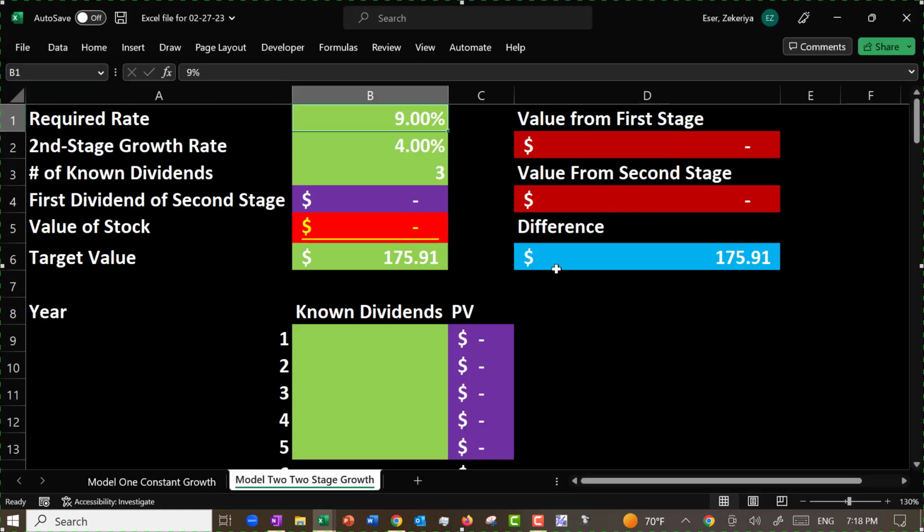But that doesn't matter because I'm gonna need the first dividend anyway. Number of known dividends is 7. And what are those? 75, 75.